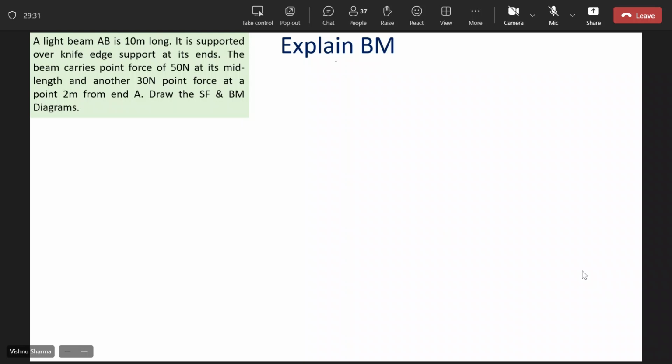First step is to make the beam diagram. So we make the beam diagram. After drawing the beam diagram, we calculate the reactions and we got reactions as Ra 49 newtons and Rb 31 newtons.